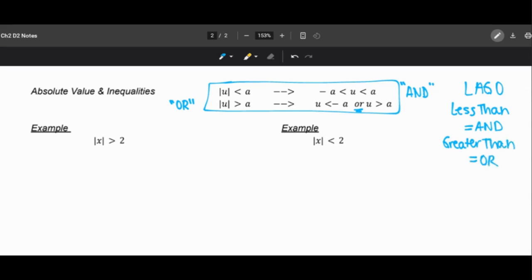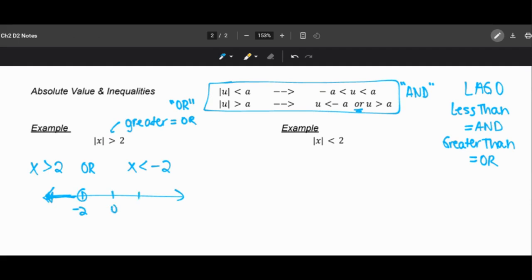All right, so this one is greater. So greater tells me that that is or. So I'm going to do x is greater than 2 or. Now when I do the second version, I have to flip the sign and I flip the number to be a negative. So that's my solution. If I were to draw this on a number line, I'd have less than negative 2. So I'd be less than or left of negative 2 with an open circle. And then here's 0, here's 2.